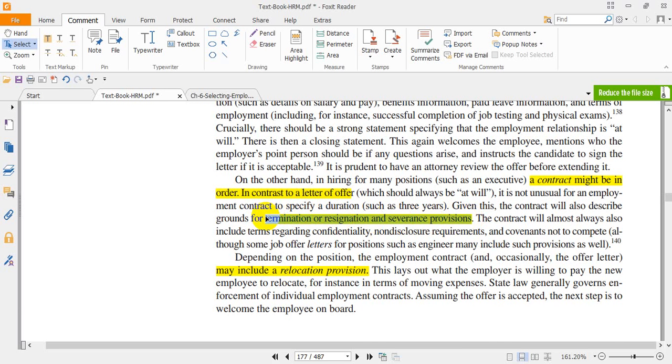The contract will almost always also include terms regarding confidentiality, non-disclosure requirements, and covenant not to compete.